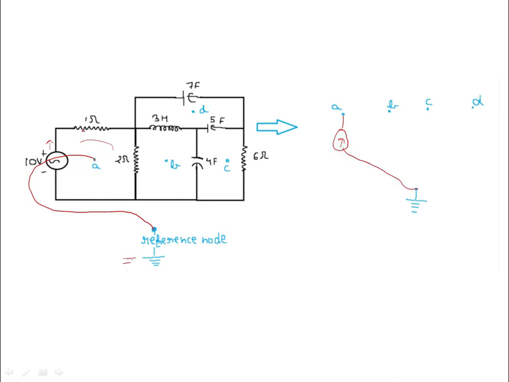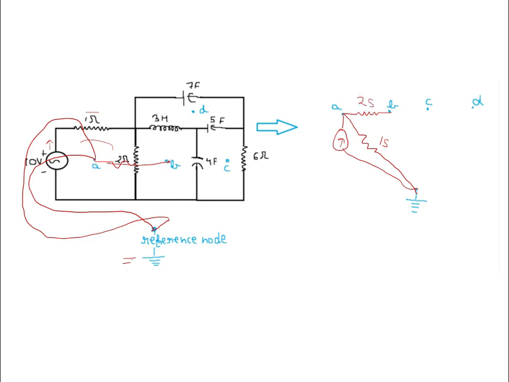And then this is a series connection. Therefore, in its dual network, it becomes a parallel connection. And this is 1 ohm. Therefore, its value would be 1 Siemens, which is conductance. Now this A and B are connected by 2 ohm. Therefore, here it would be 2 Siemens.